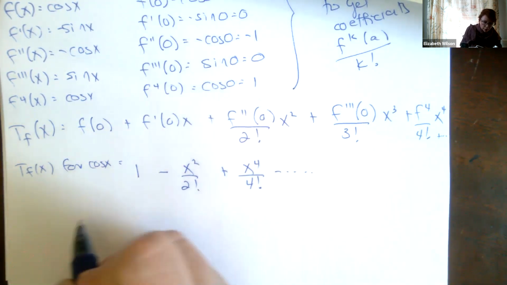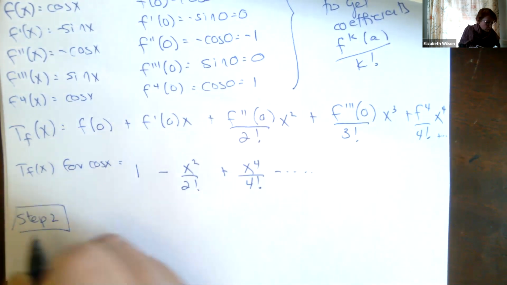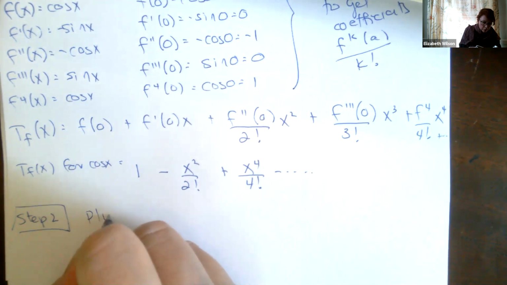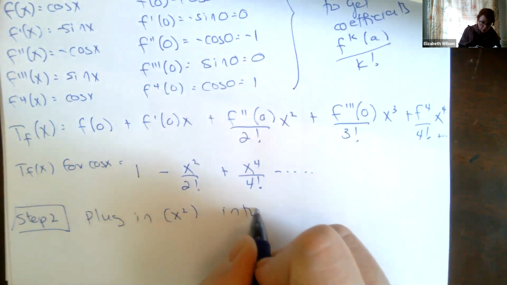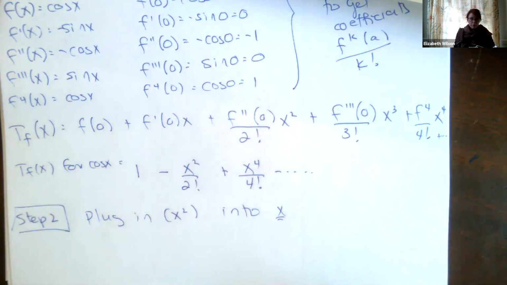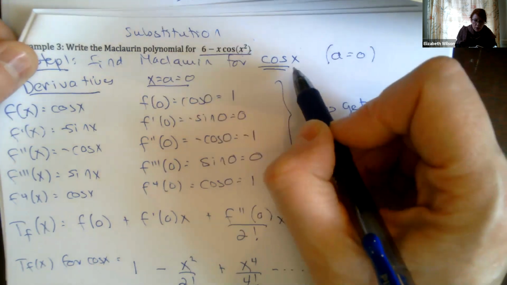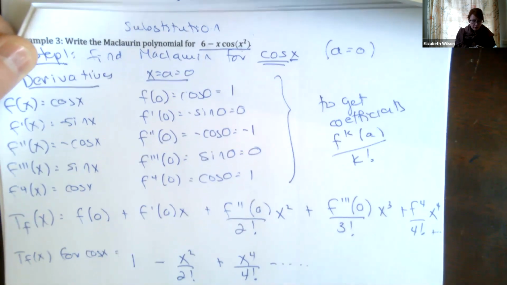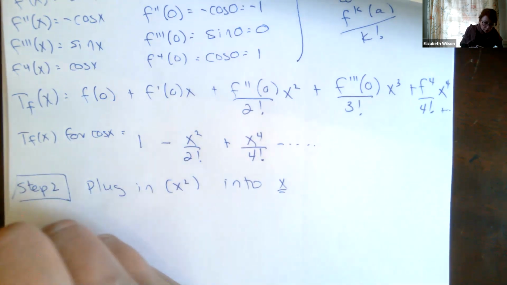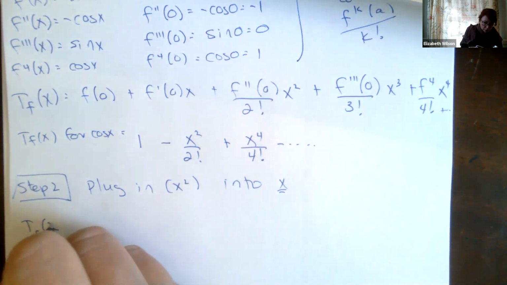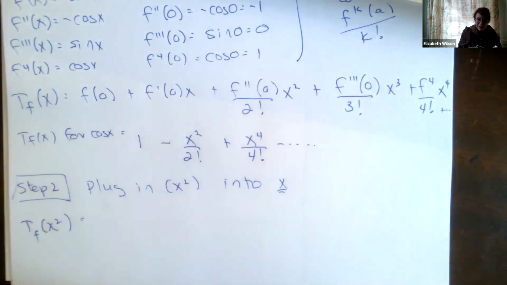So that's step 1. Step 2 that we need to do is plug in x squared into x, right? Because remember, our original question was the cosine of x squared. Well, we just found the cosine of x. So if my cosine of x is equal to this, what I'm going to do is, everywhere I see an x, I plug in an x squared.